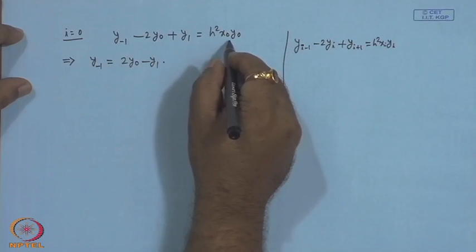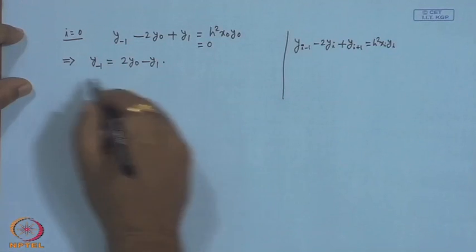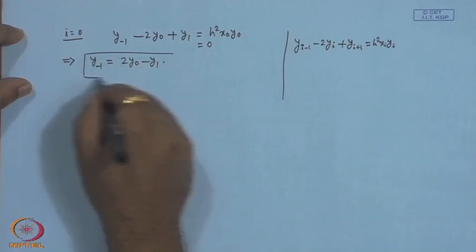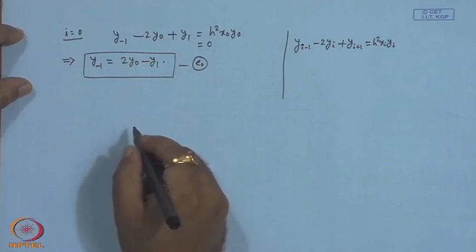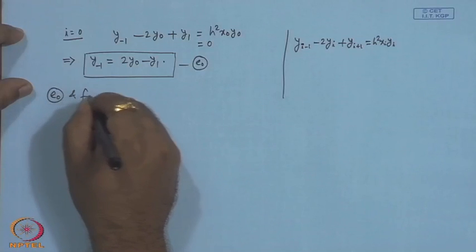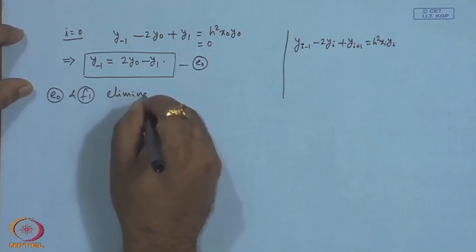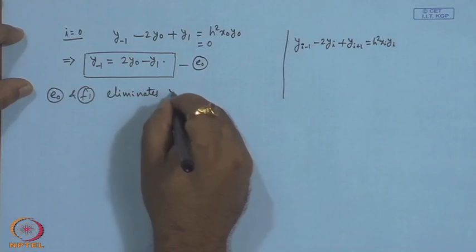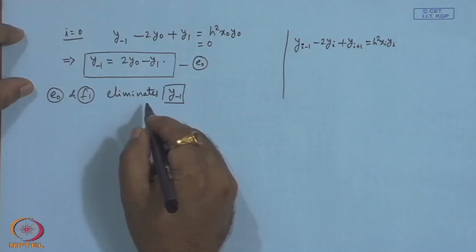This is 0 because of x 0. So, say this is E 0. So, E 0 and F1 eliminate y minus 1.